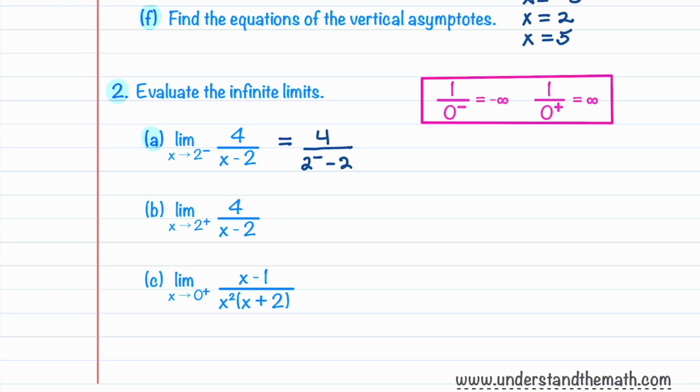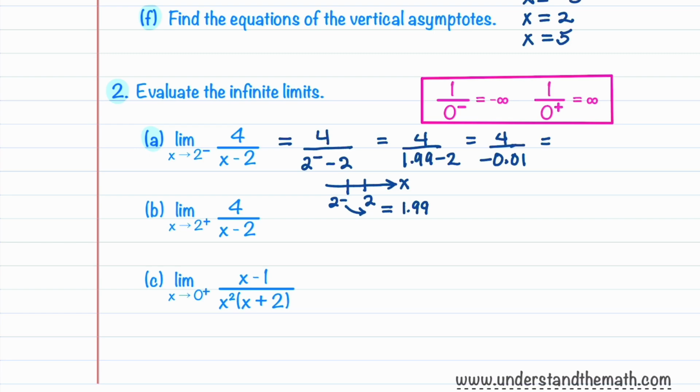I think it's easiest to evaluate this if we draw a little number line, put a 2 on it, and then put a 2 from the left, and then say, okay, let's let this be equal to 1.99. I just think it's easier to have a concrete number in there. This then becomes 4 over 1.99 minus 2, which is 4 over minus 0.01.